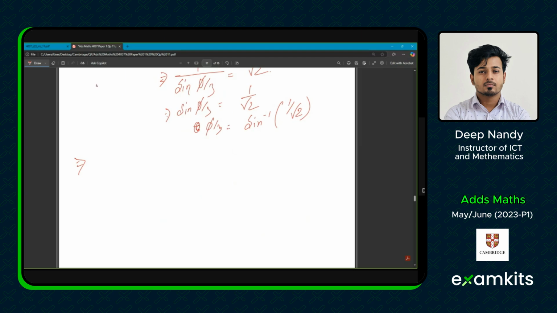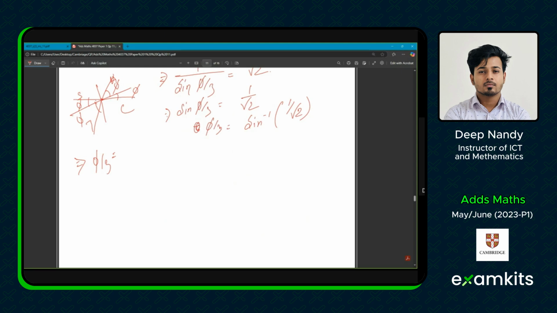Now we use the rule: all students take coffee. All are positive, sine values are positive, tan values are positive, cos values are positive. Now for the part we are solving, 5 by 3 equals to sine inverse 1 by root 2.